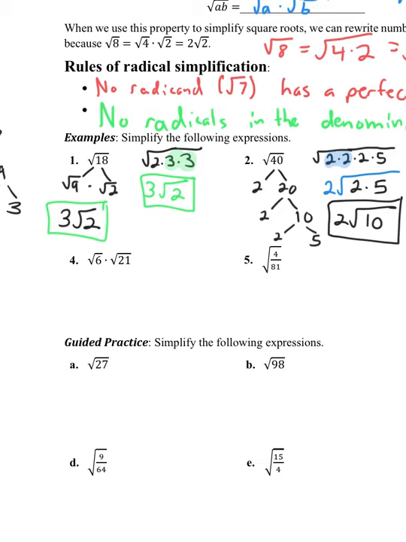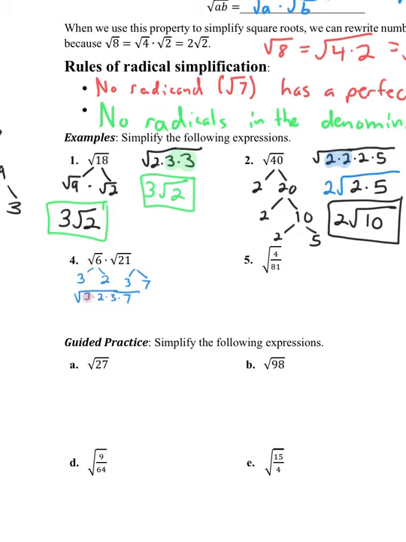Now I have square root of 6 times square root of 21. Instead of multiplying these together, I'm just going to break them down individually. 6 is 3 times 2. 21, 3 times 7. Those are all the prime numbers. So now I've got 3 times 2 times 3 times 7.